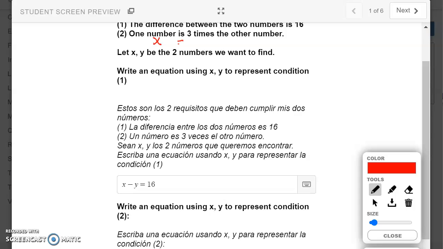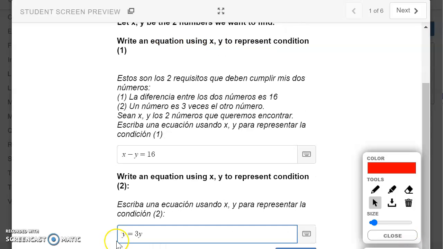Is translates to equals. 3 times means 3 multiplied by the other number we said was a variable y. So x is equal to 3y. That's my second equation. So I write that in my next equation.